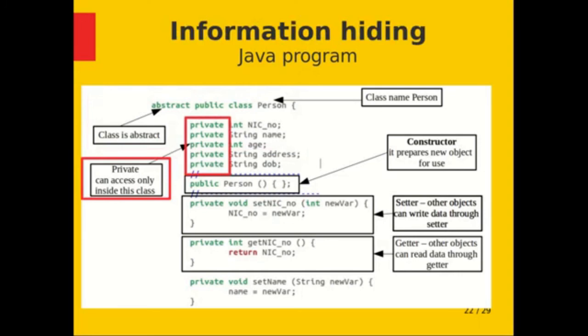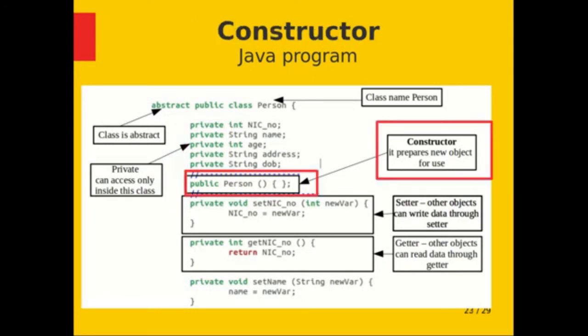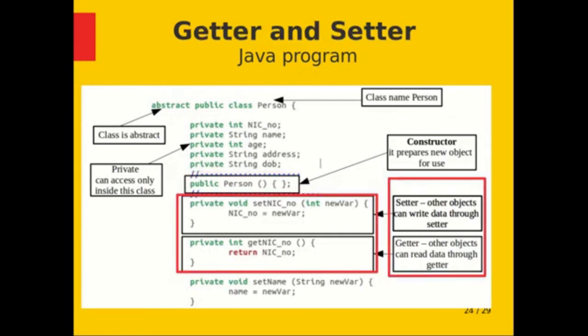The scope of all the attributes of the class is private, so they can be accessed only within the class. Constructor: other classes can create new objects by the constructor. Setter and getter. Setter: other objects can write data to the relevant private attributes in the class.